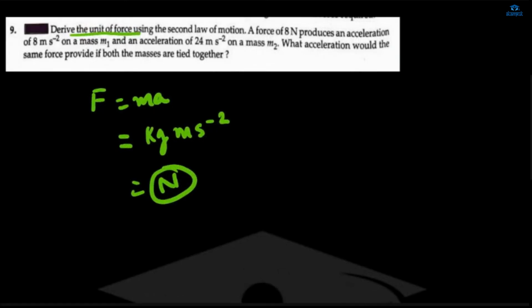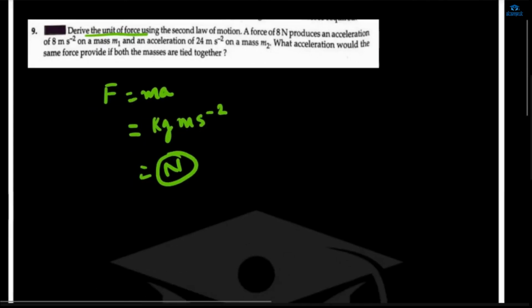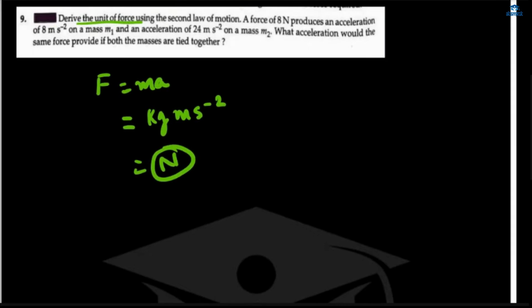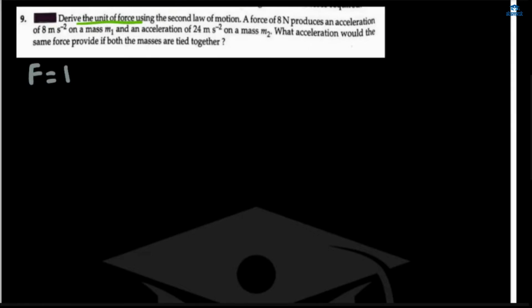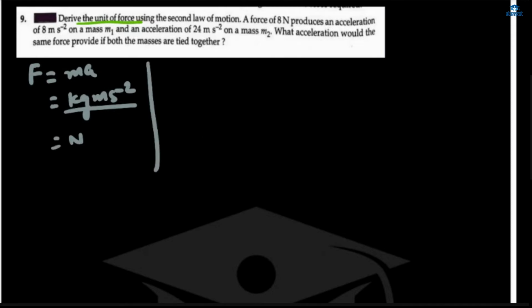And then the second part is asking a force of 8 Newton produces an acceleration. Let me write it here so that this is the main unit according to the second law of motion. Okay, now a force of 8 Newton produces an acceleration of 8 meter per second square on a mass m1. F is given as 8 Newton.